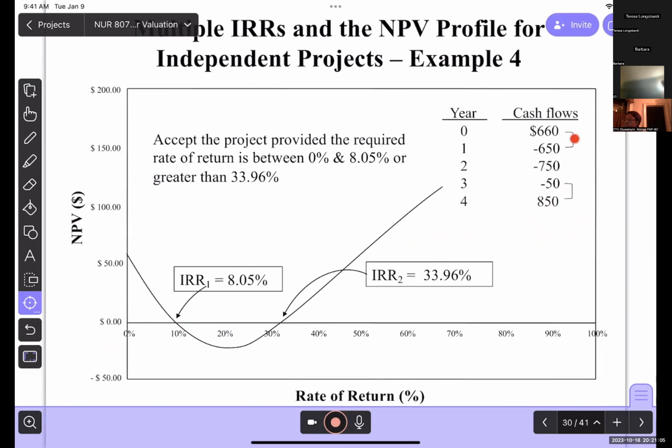But it also doesn't mind high discount rates because you got this $660 up front, and you don't mind discounting these relatively high values a lot because they're negatives and they take away from our positives. If we discount high, it diminishes these, and we don't care so much because this will be relatively higher. So that's why it doesn't care if it has high discount rates, and it likes low discount rates. But anything in between is omitted. This is just because of the way that the cash flows work out, right?